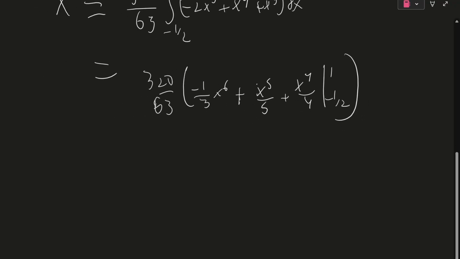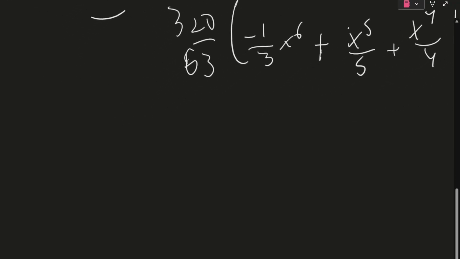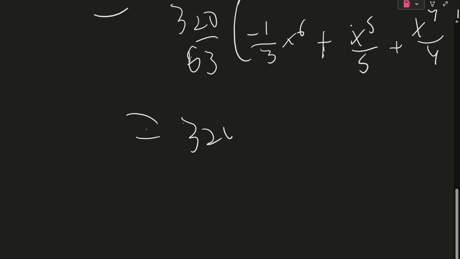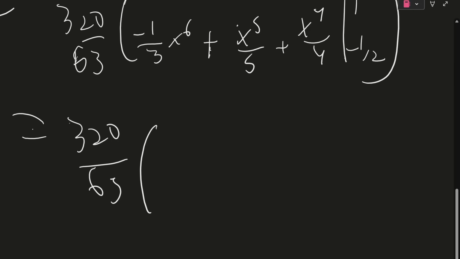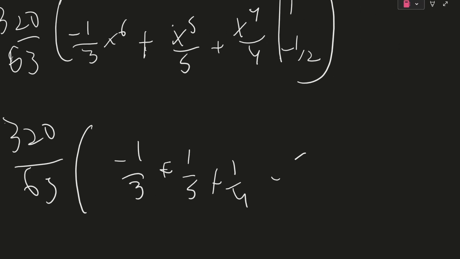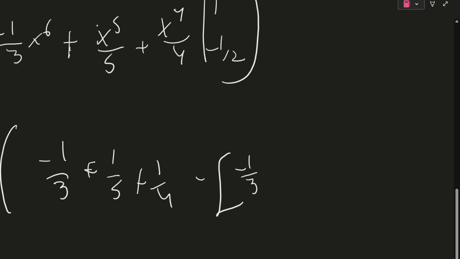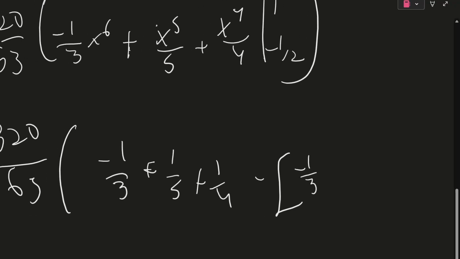And now we can plug our values in, and we get this is equal to 320 over 63 multiplied by negative 1/3 plus 1/5 plus 1/4 minus negative 1/3, which turned, and we'll go ahead and distribute our minus as we're going through this.